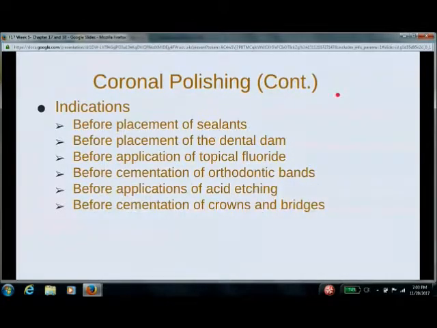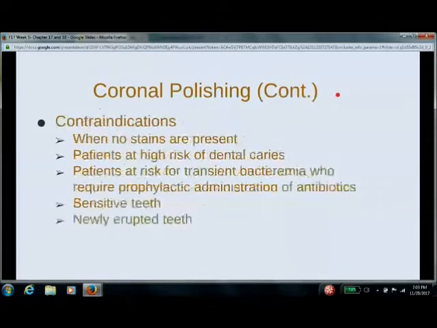We will have to do coronal polishing before we place sealants, before we place a dental dam, sometimes before fluoride is placed, before orthobands are placed, which is braces, and then before cementing crowns and bridges. So basically, coronal polishing is cleaning off the crown of the tooth so that we can do other things to it.